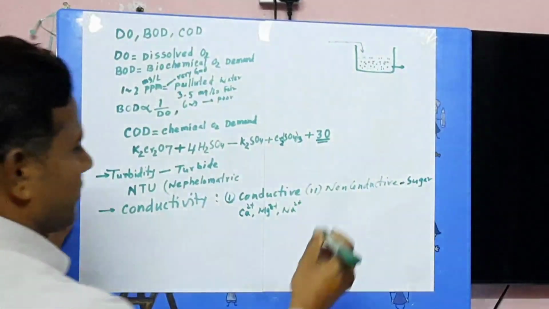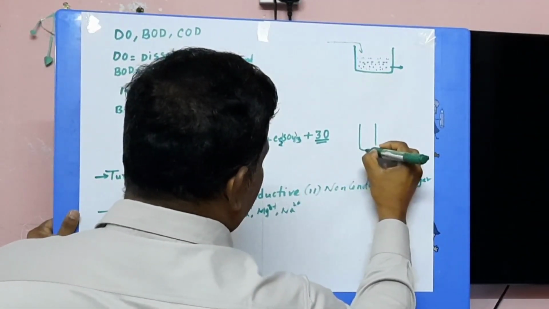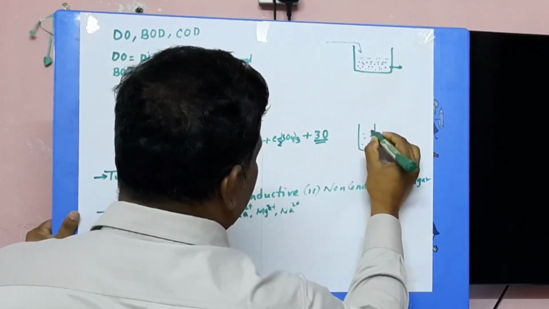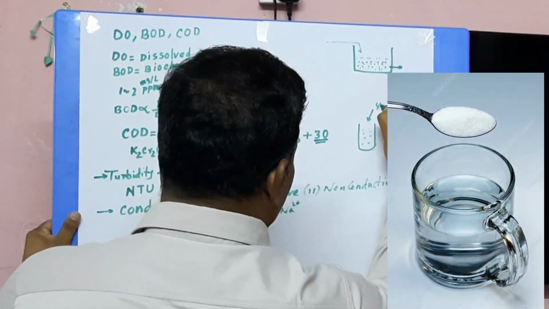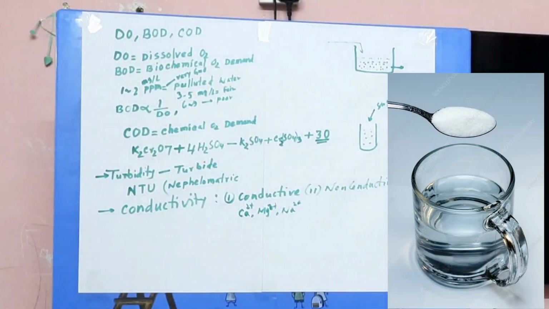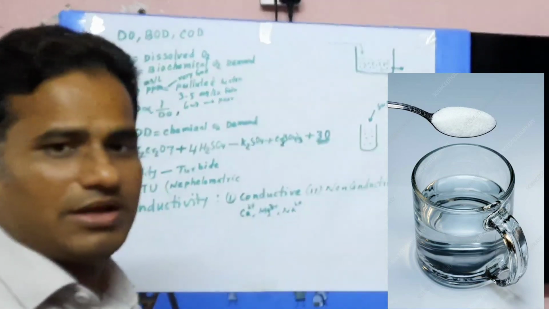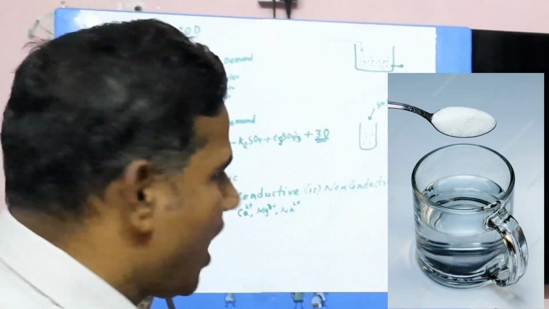If you take one glass, put water in the glass and mix sugar, it will dissolve in water, but it has no electron, no ion.